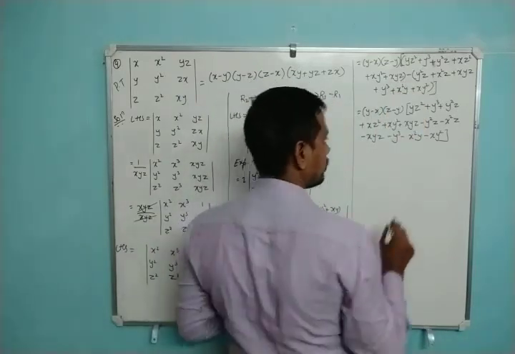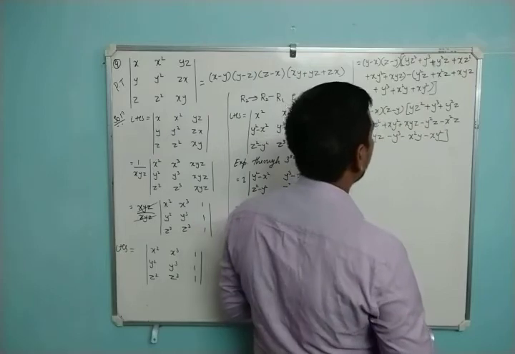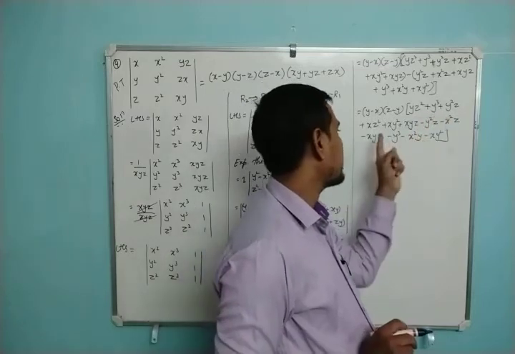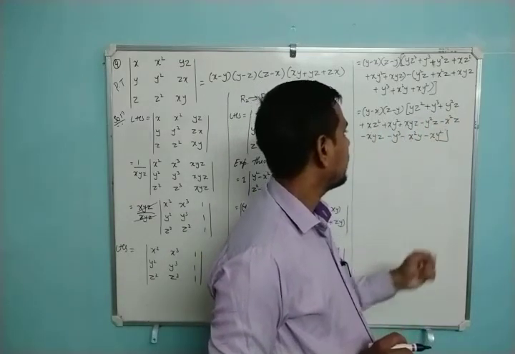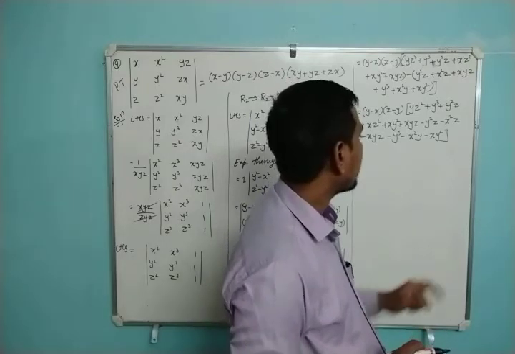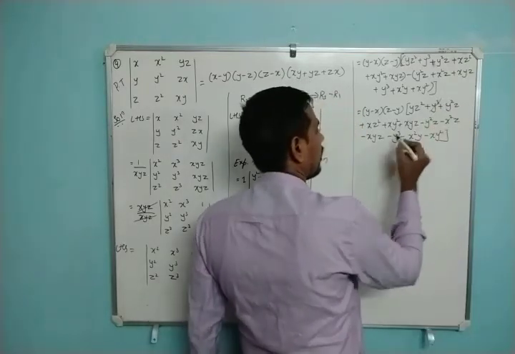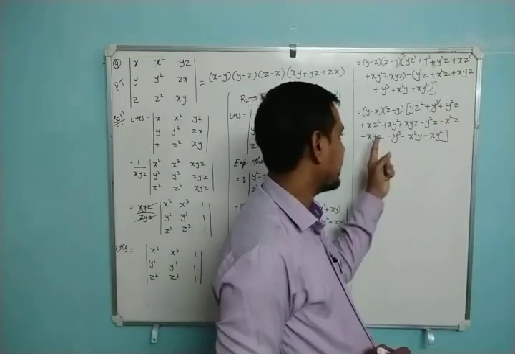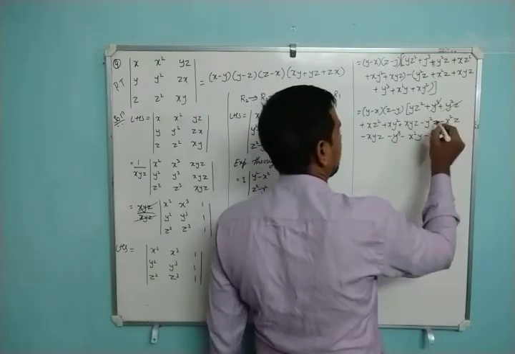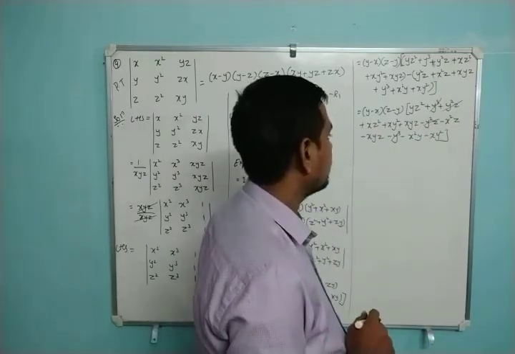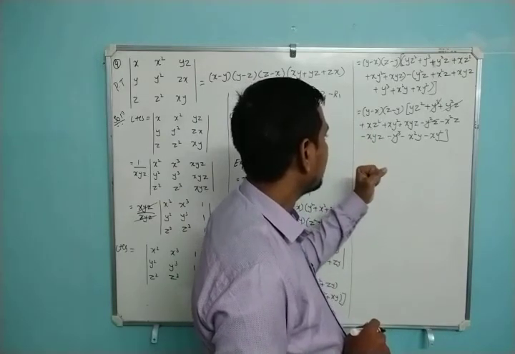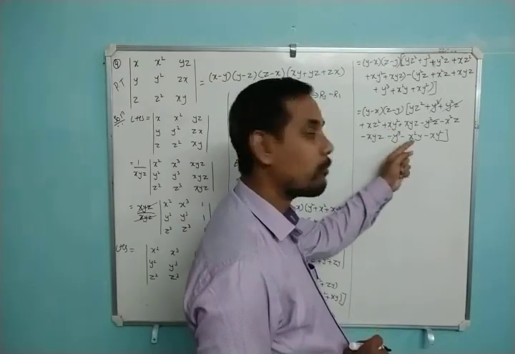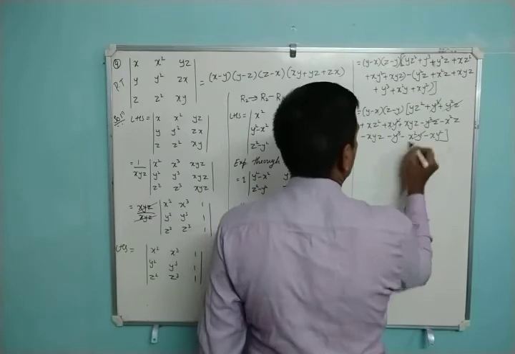So now yz square, do we have yz square anywhere? Check it out. So yz square, we are not having it anywhere. Leave it. Y cube plus y cube minus y cube will cancel. Then y square z. So here I am having plus y square z. Here I am having minus y square z. So that will cancel. So what remains? Think of xz square. Do we have it anywhere? No. But xy square plus and minus, they will cancel. Okay.